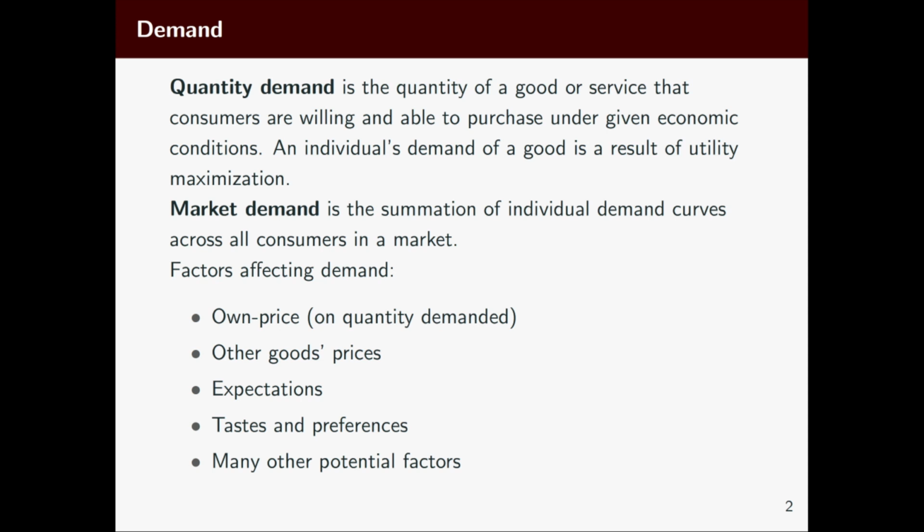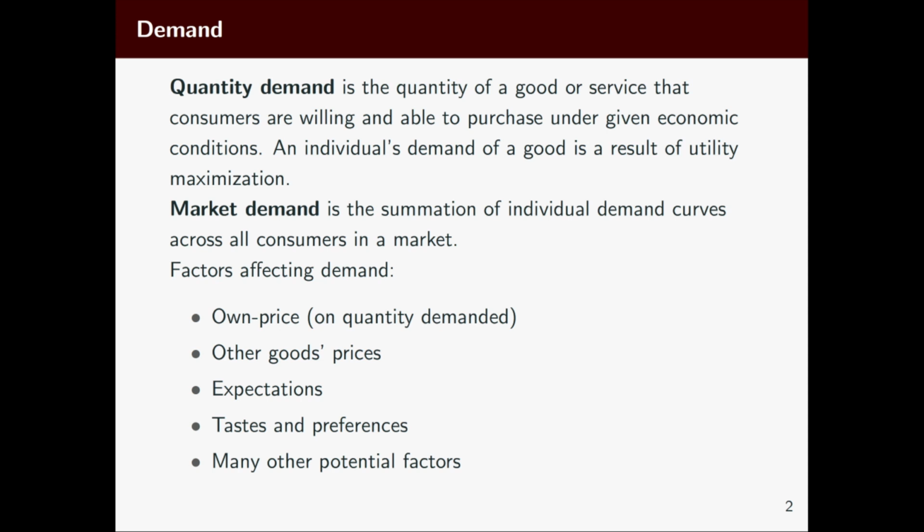And from that, we can infer their choices or their quantity demanded. And then we add all those individuals' demands up in a market, and we get market demand. So market demand is just the summation of all the individual demand curves across all individuals or consumers in a given market.